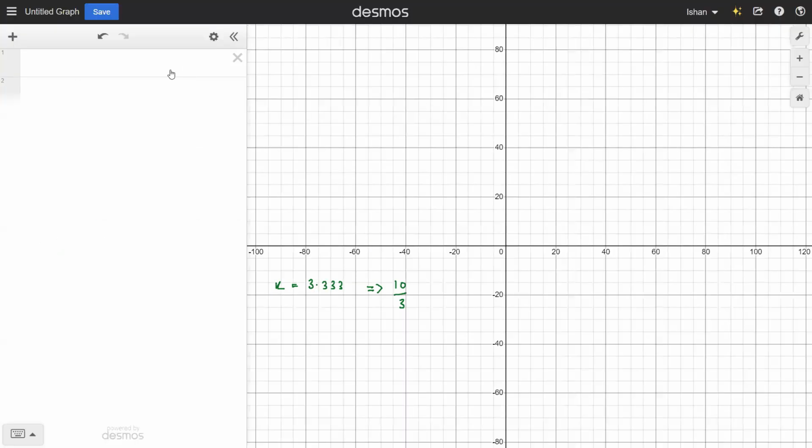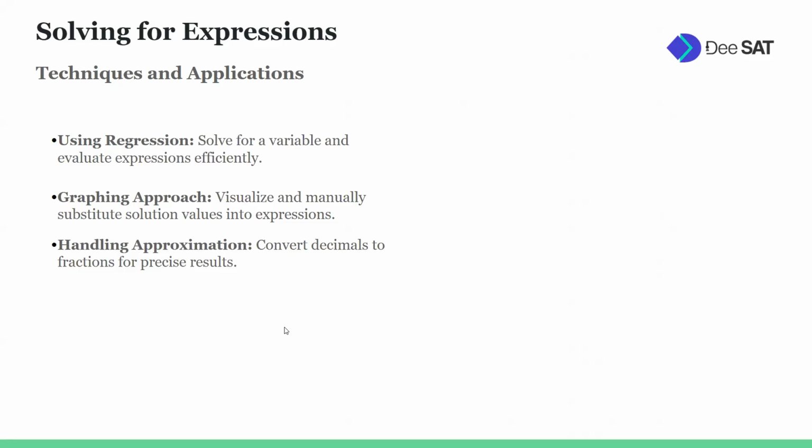I have already given you a glimpse. If the value is 3.333, you just need to click over here. You will see the answer is 333 divided by 1000. If you write 10 by 3, the same value will be there. These methods make solving expressions faster and more reliable, reducing the chances of errors and giving you confidence in your answers.